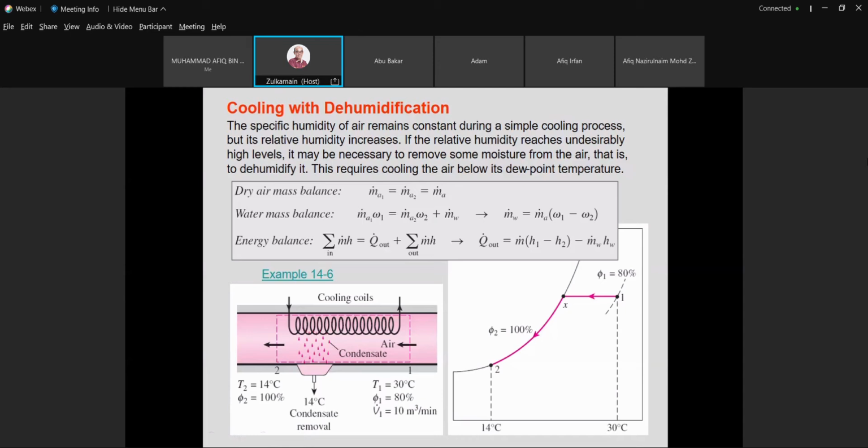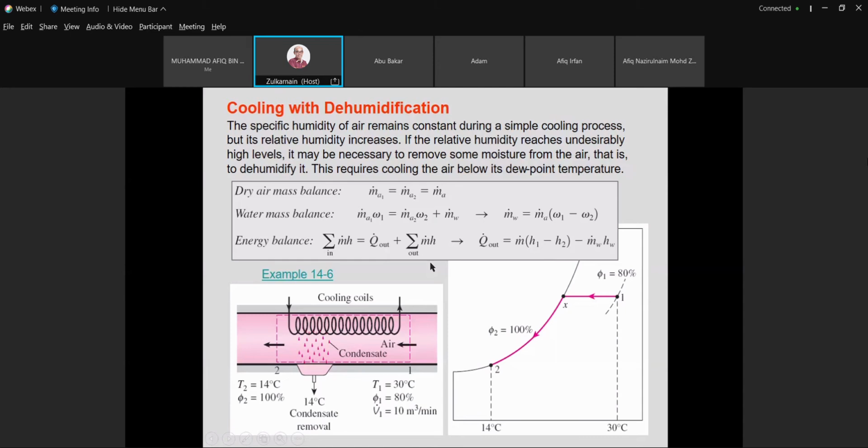So if we want to reject the heat of this air to the cooling coil, to the refrigerant, meaning that we are going to put the Q for the whole process to the right, because it's Q loss, okay, Q loss or Q out. That's why our Q is to the right, and also the energy out is m dot 2 multiplied by H2.